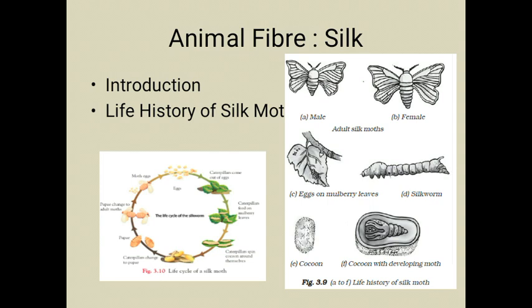After laying eggs, after about 20 days, the larvae come out from the egg. So that larva is known as a silkworm or a caterpillar.